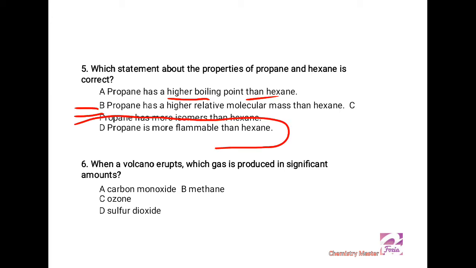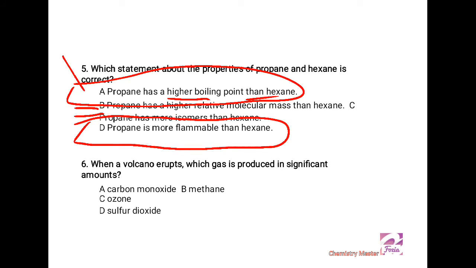Okay, now you have to see option D and option A. In option A, it is given propane has a higher boiling point than hexane. If you truly understand the wrong thing in option A, which is given that propane has a higher BP, how is it possible? Because as the number of carbon atoms increases all the time, the molecule gets bigger and the number of covalent bonds also increases and gradually increases the boiling point.